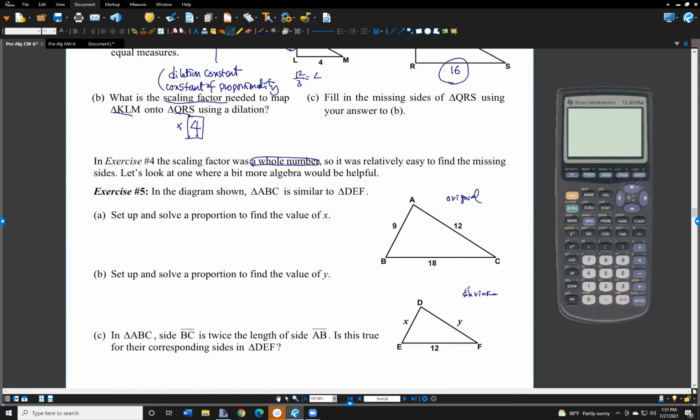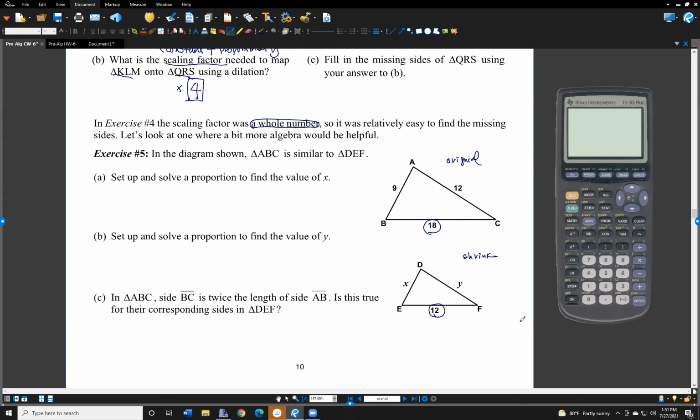Proportion: new one over old one is the value of the scale factor. The new one is 12, the old one is 18. The scale factor k equals how much? Divided by 6 is 2, divided by 6 is 3, so 2/3. So 18 times 2/3 will be 12, right? The scale factor is 2/3.